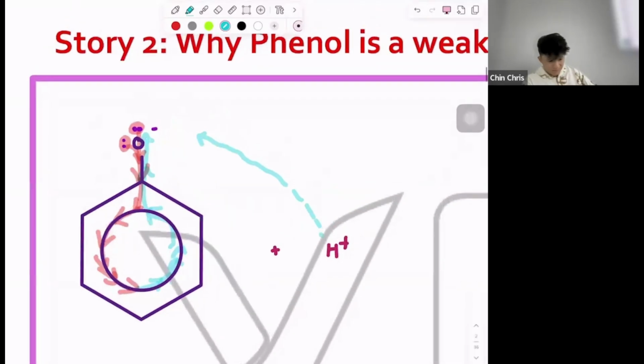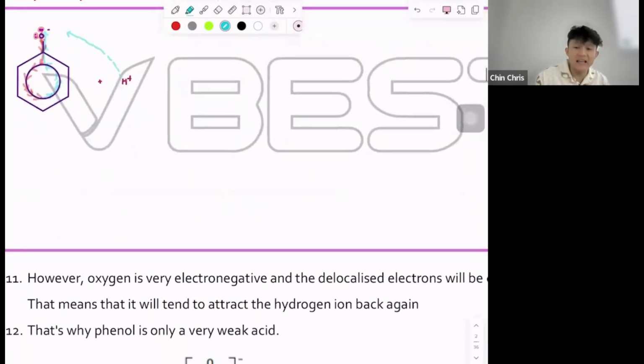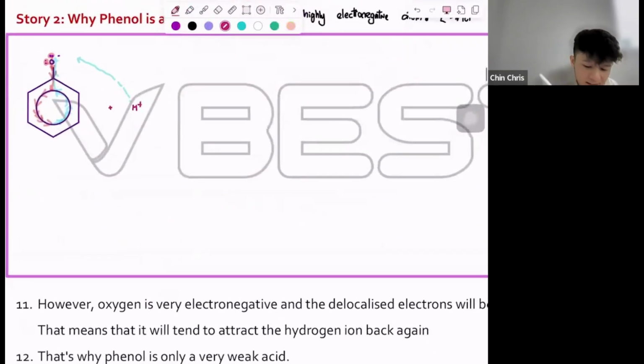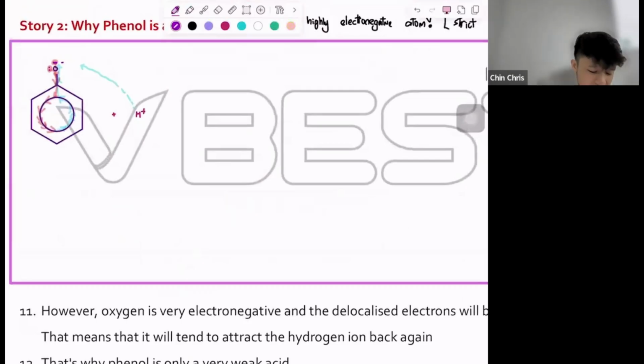All right, guys, now statement time. Oxygen is highly electronegative, which means this hydrogen plus ion can go back to the phenoxide ion. How?